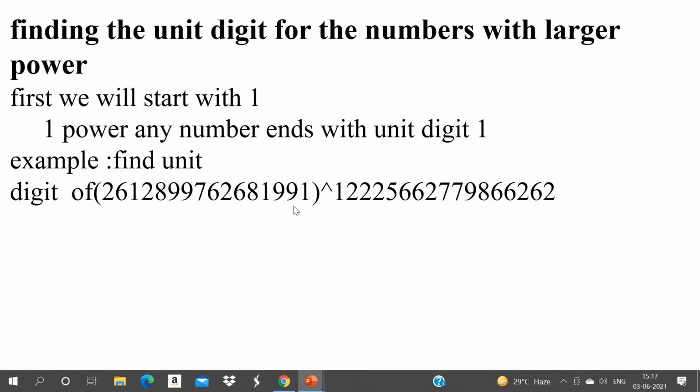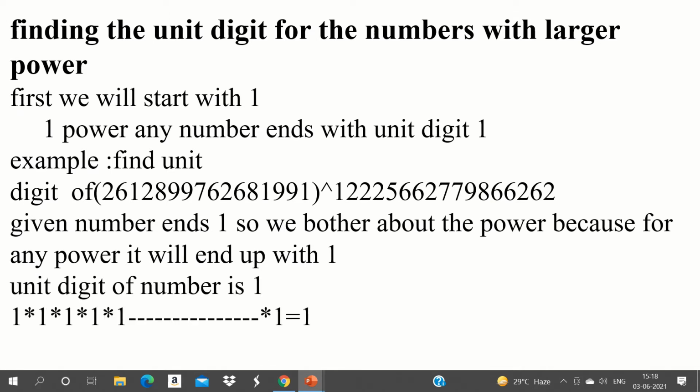This is the base, and this bigger number is the exponent. So in this case, you don't have to see the exponent. If the unit place is 1, its power always ends up with 1, because 1 times 1 times 1, however many ones you multiply, you get 1 only.